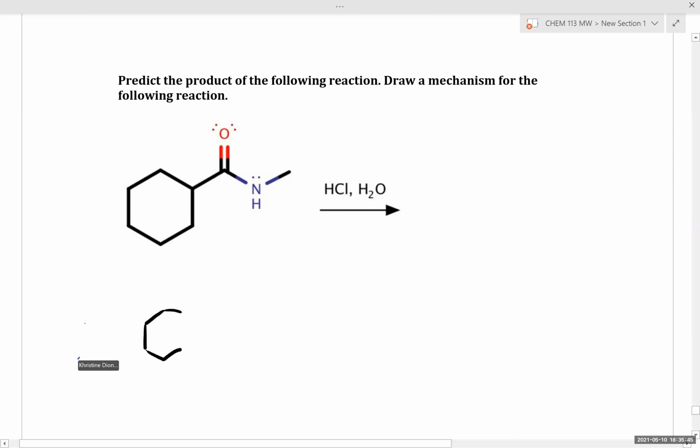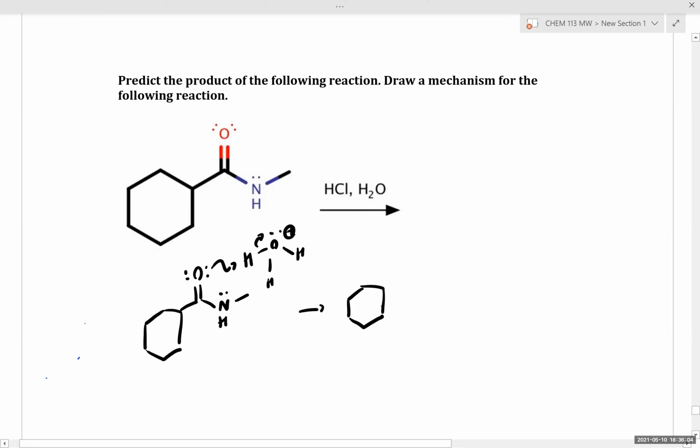So, as we've seen so far, the first step for this hydrolysis reaction under acidic conditions is we are going to protonate our amide carbonyl oxygen. We now have an activated electrophilic carbonyl carbon that can be attacked with even weak nucleophiles such as water.